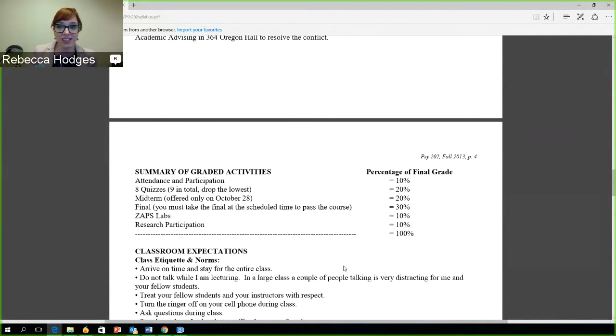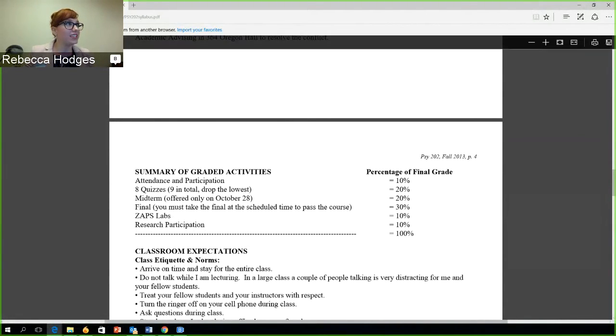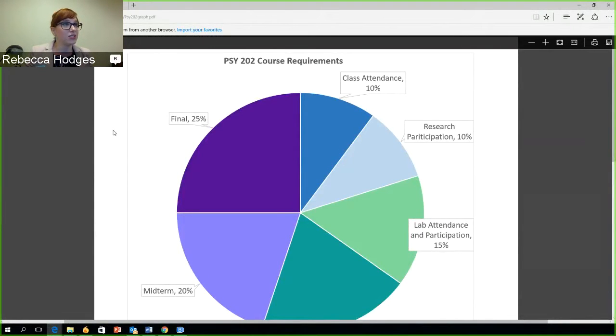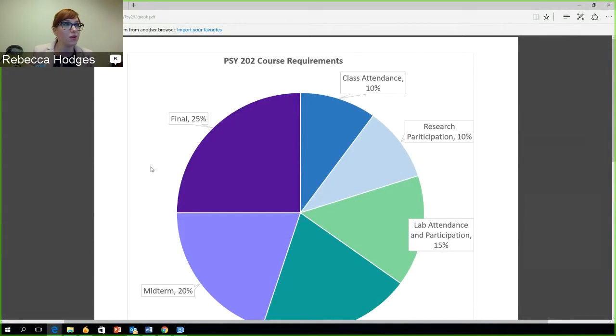So to further illustrate this, we also have an example graphic here. So this actually illustrates for Psychology 202 how much each assignment or test or aspect of the course that's contributing to your grade is weighted, or how much percentage it's worth towards your grade overall.